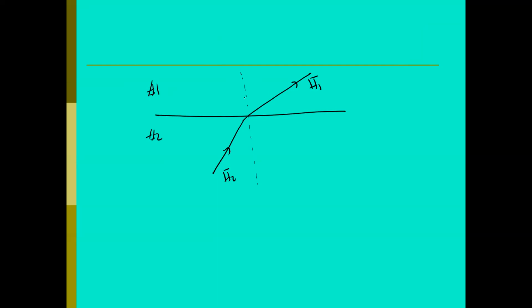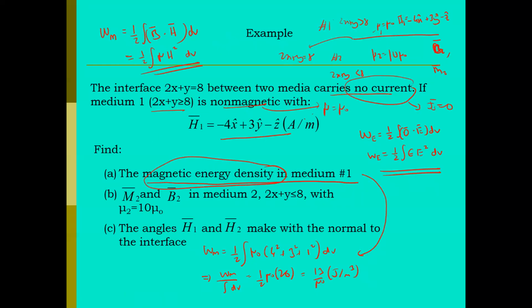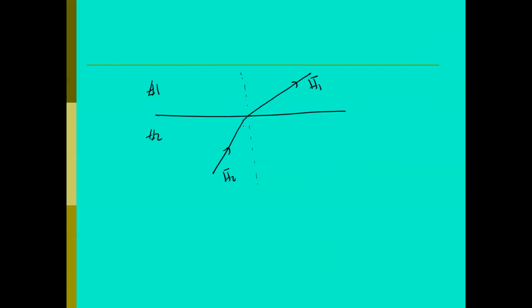The question is, what is the angle that H1 and H2 make with the normal to the interface? So the question is to find out what should be the θ1 here and what should be the θ2. I think this should be very straightforward because previously we have calculated the H1 in terms of its tangent and normal components.